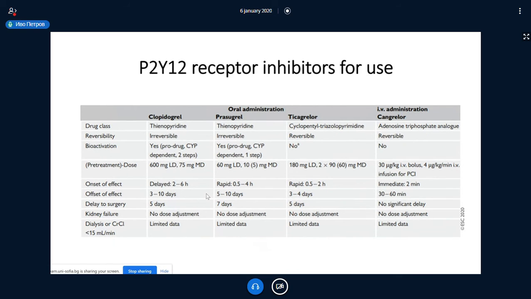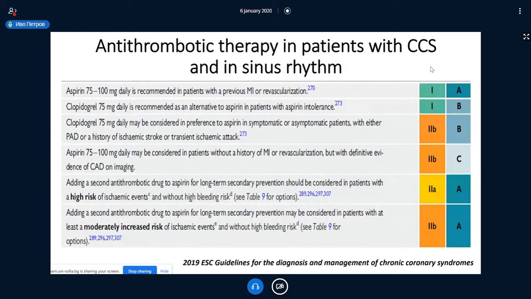And here are the doses of all this medication, and also how to apply them. In fact, double antiplatelet therapy is very important to reduce the probability of myocardial infarction. And you probably know that one of the most frequent indications for double antiplatelet therapy is the implantation of a stent, an intra-arterial implant.